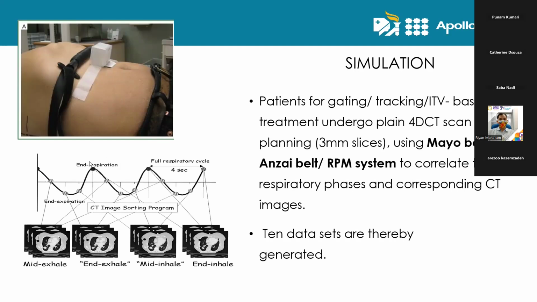During treatment, continuous real-time imaging tracks the motion. This is a compressor belt; we compress to fix the organ positions. During the CT simulation, we place the RPM, a tumor tracking device, to track the tumor motions. In the case of DIBH and 4DCT, we generally use real-time ART.